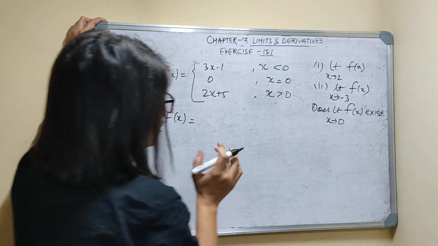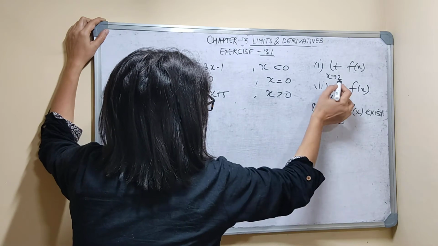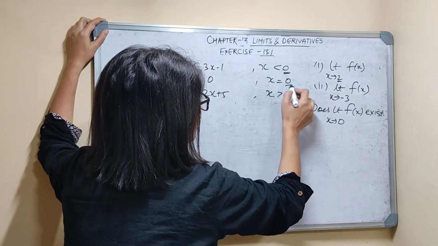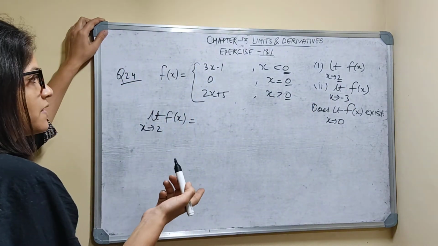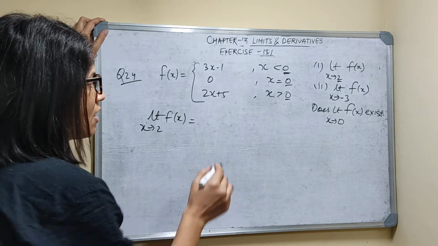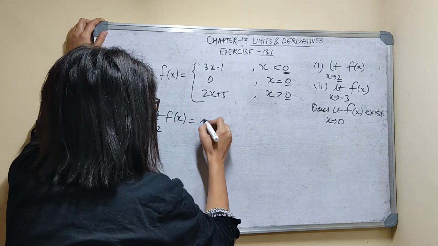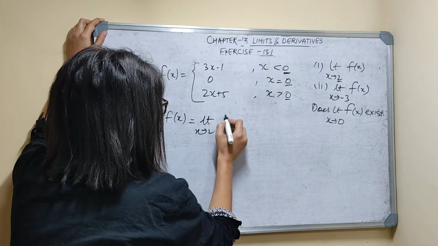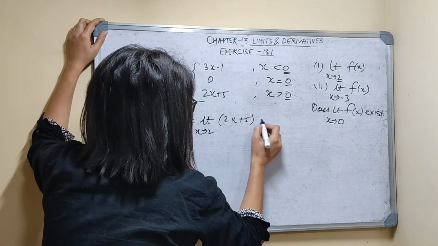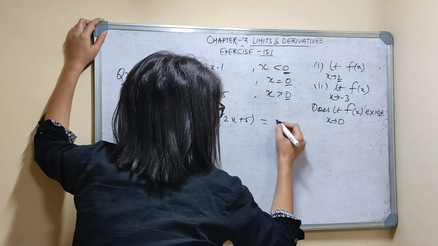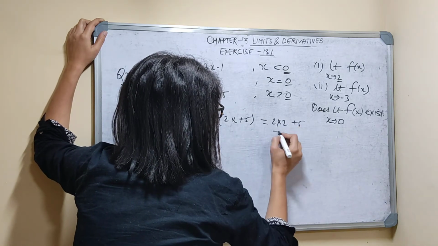You can substitute directly. x tends to 2 means greater than 0, so take the function 2x plus 5: 2 into 2 plus 5, so the answer is 9.